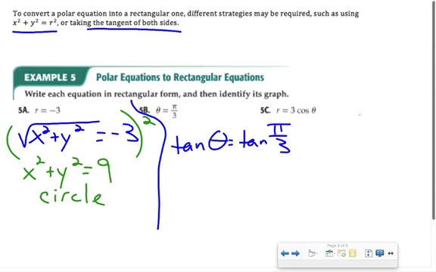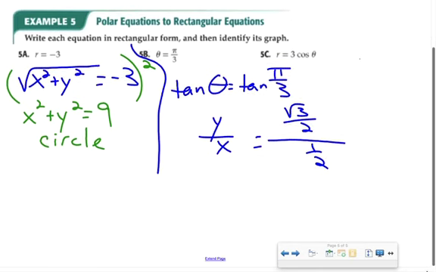I know from my reference sheet that the tangent of pi over 3 will be radical 3 over 2 over 1 over 2. I know also from my reference sheet that the tangent of theta is equivalent to y over x. On the right-hand side of the equation, those two denominators will cancel each other out, leaving me with y over x equals radical 3.